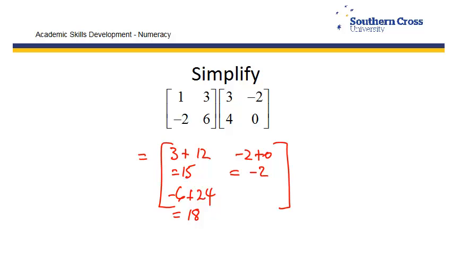Now to get the number that goes in on the second row, second column, we need to multiply the second row by the second column. Negative 2 times negative 2 is 4, plus 6 times 0 is 0, so that's equal to 4. So that gives us 15, negative 2, 18 and 4.